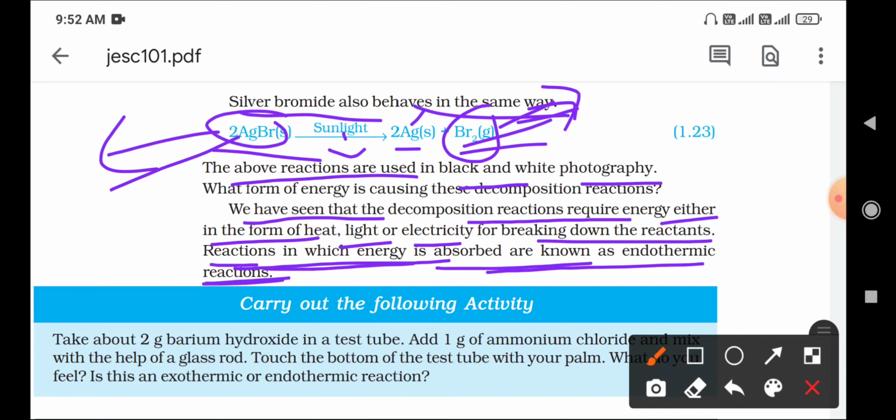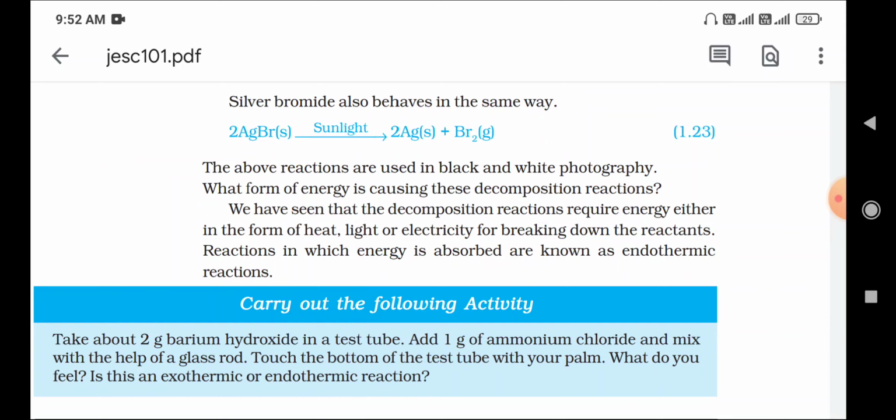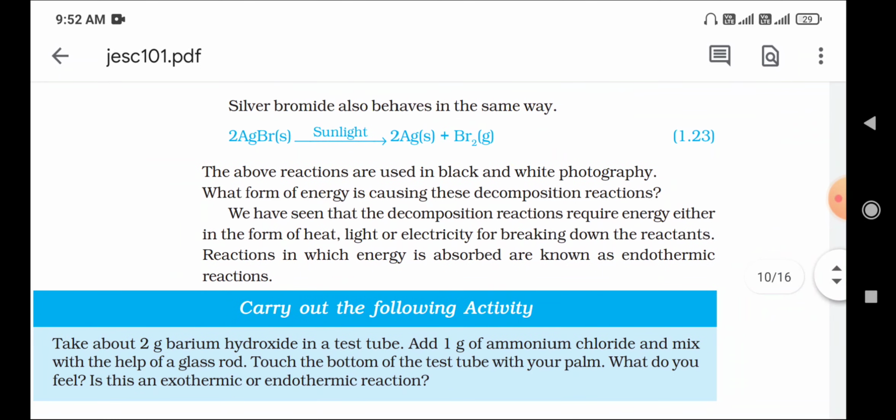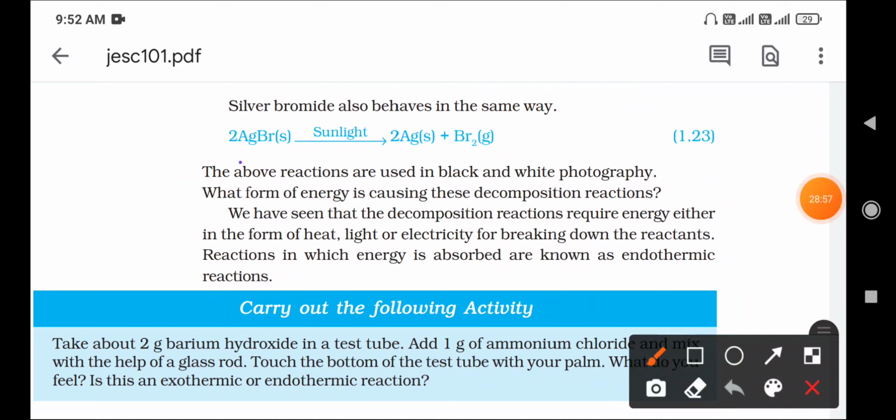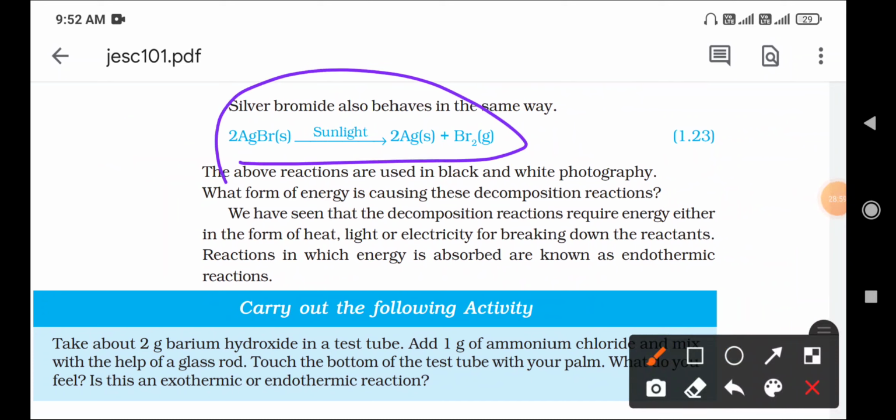Examples of endothermic reactions are silver chloride, silver bromide, and ferrous sulfate crystals.